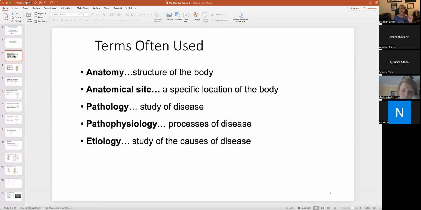Okay, and then you might hear the word etiology. And etiology is the study of the causes of disease. So you see how we parse out the specific meaning of all of these terms to be very specific. And working in healthcare, regardless of what your future job title and job responsibilities will be, whether it's clinical or administrative, I want you to remember accuracy is most important, but specificity is right there next to it.